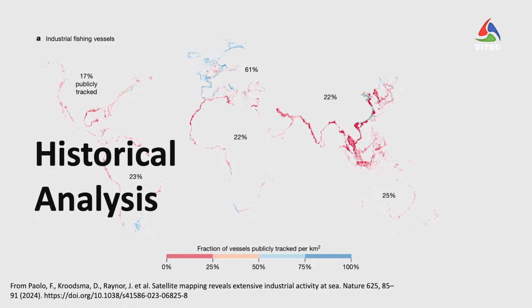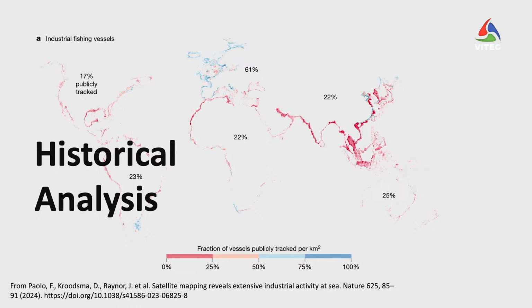One case is the one you see here, where I've taken a plot from a paper that came out a few days ago in Nature about fishing and general vessel activity.